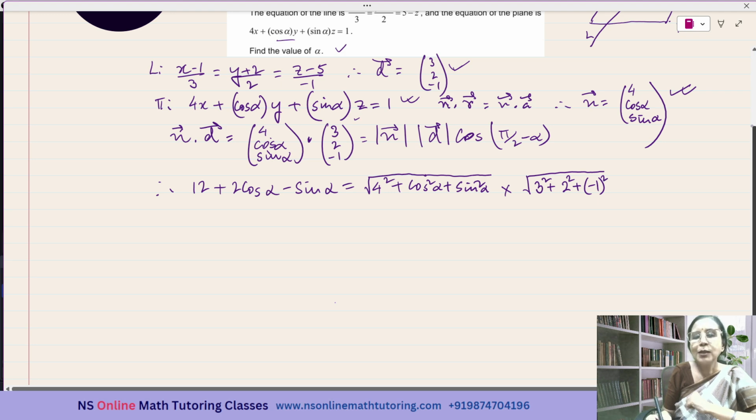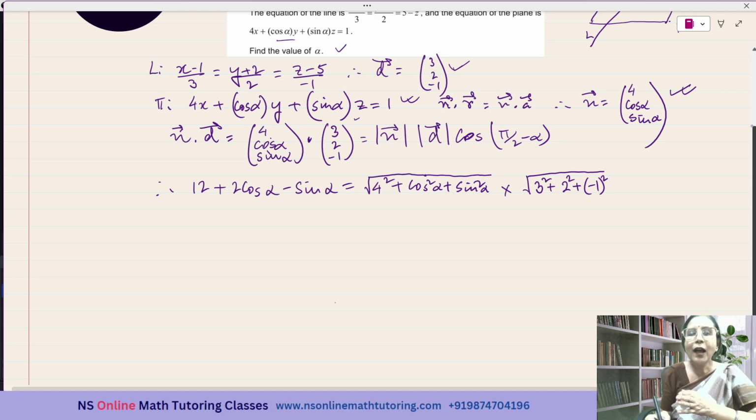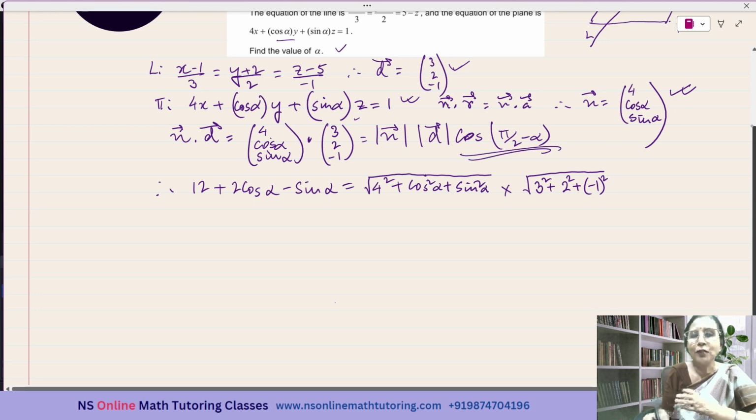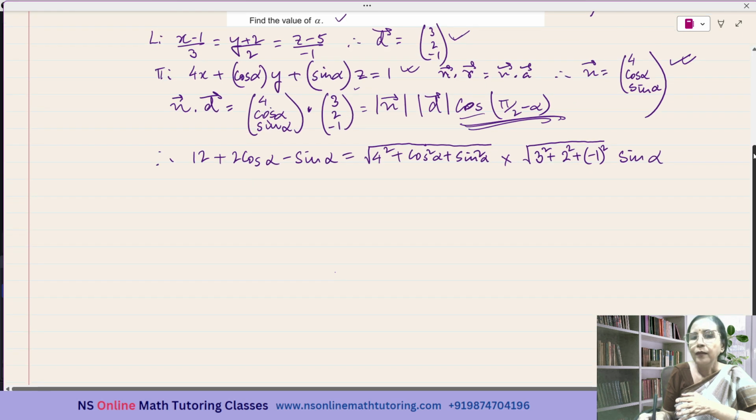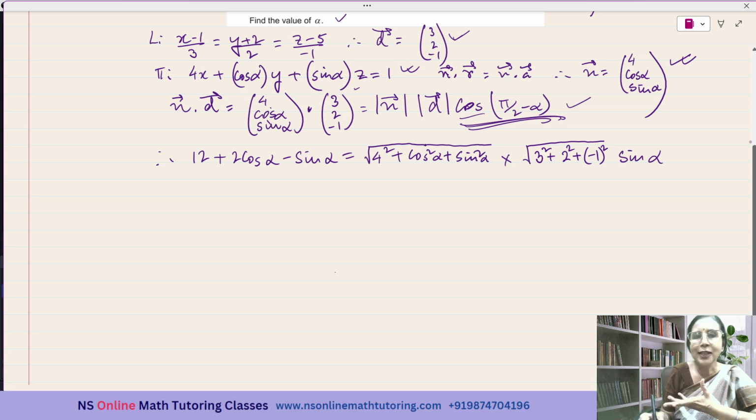And cos of pi by 2 minus alpha is sine alpha. You have to know this portion of trigonometry. Even if you input cos of pi by 2 minus alpha, that is equally fine, as the calculator will do the conversion for you. But in case you know the conversion, you can write it as sine alpha.